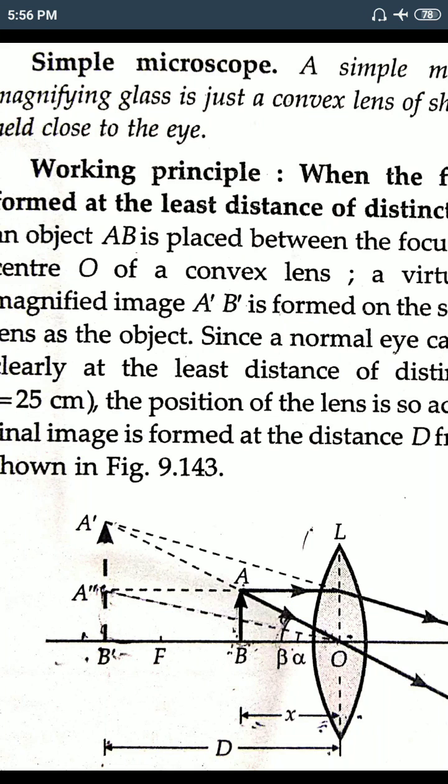That's why we shift the object position to a distance of D, denoted by A double dash B.